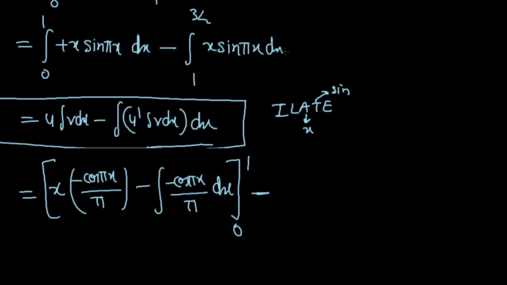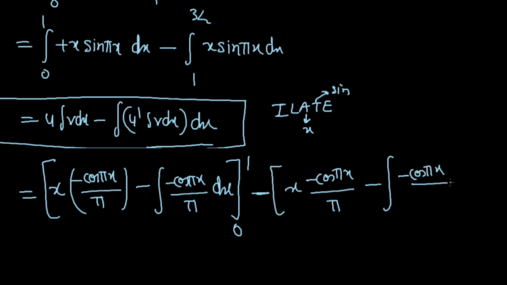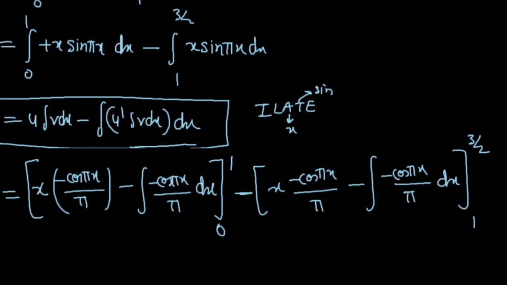Minus, integration by parts again, where u is x and the integral of v dx is minus cos πx divided by π, minus the integral of u' = 1 times minus cos πx divided by π dx. The limits are from 1 to 3/2.